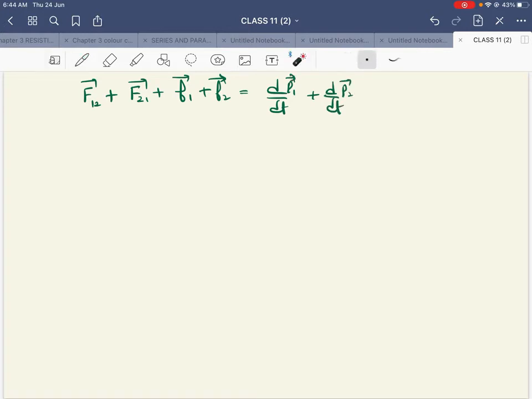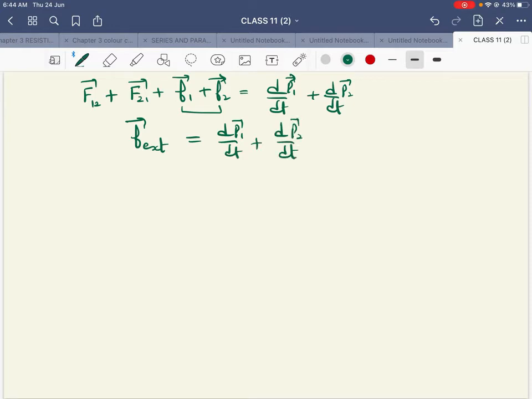Now we know that F12 and F21 are the internal forces acting on each other, so they are equal and opposite, so cancel each other. Therefore we get only resultant of external force, let it be F. F is a external force, that is equal to dP1 upon dt plus dP2 upon dt.